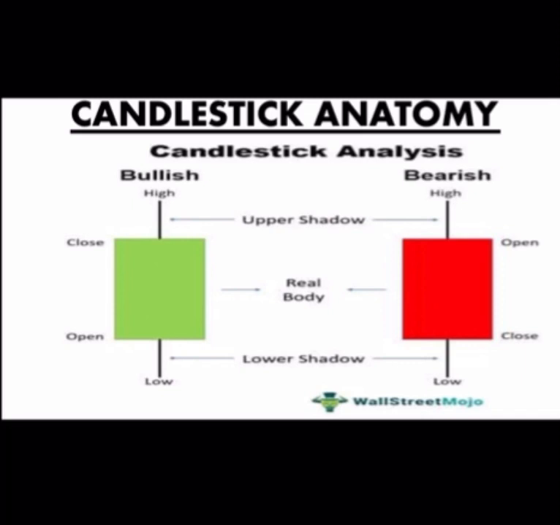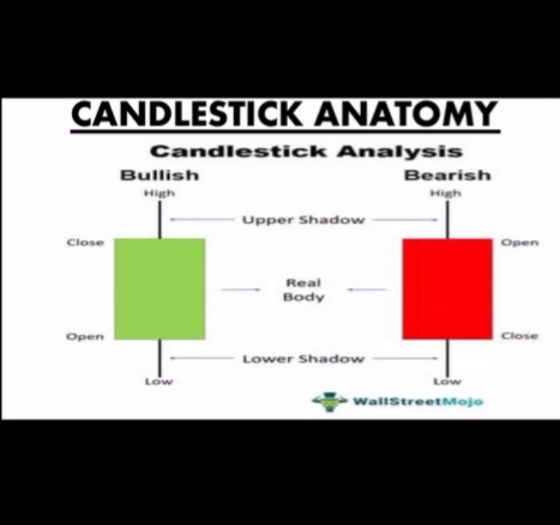Now, like I mentioned earlier, I talked about the body. This is the body here. At the extreme end of a particular candlestick body, it is either going to be a close or an open. So when you see an open from the bottom and it closes at the top, we call it a bullish candlestick, or a buying candlestick.